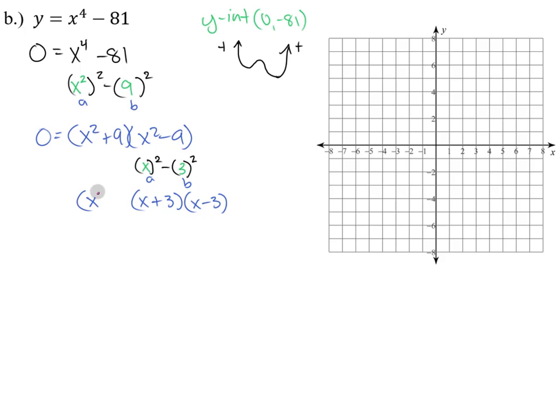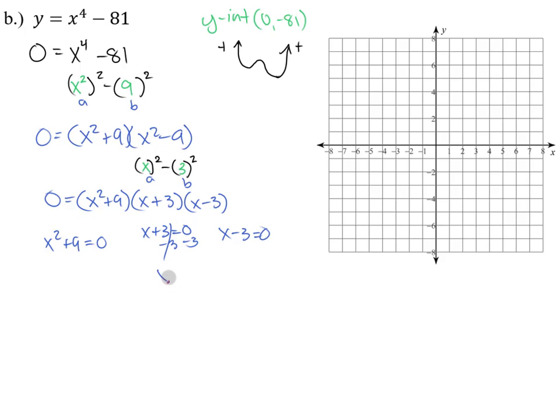So over here, this stays x squared plus 9, and now we're going to set all of them equal to 0. Either x squared plus 9 equals 0, or x plus 3 equals 0, or x minus 3 equals 0.